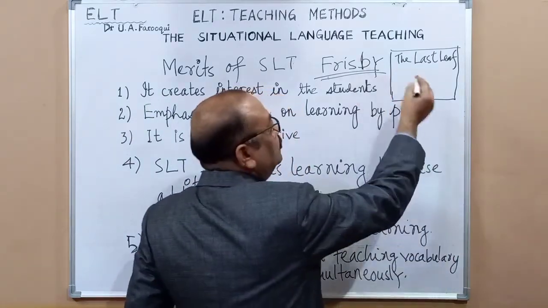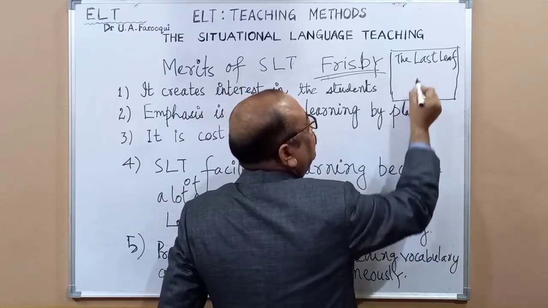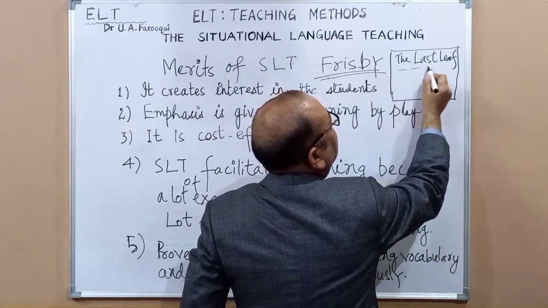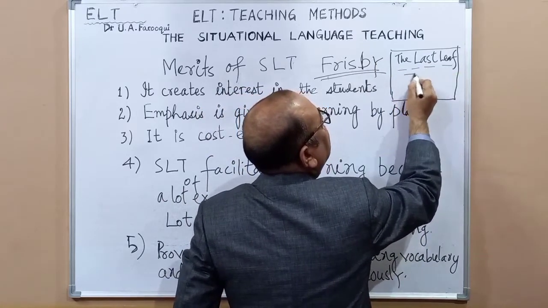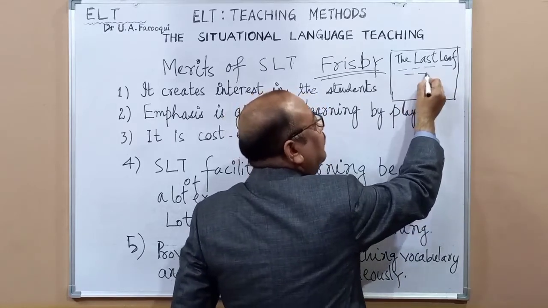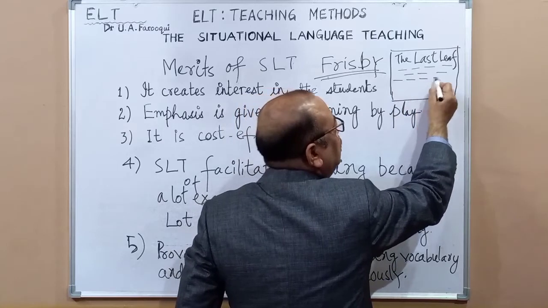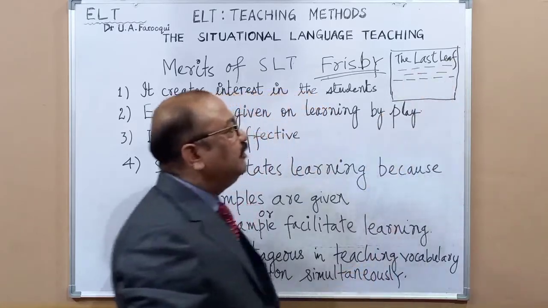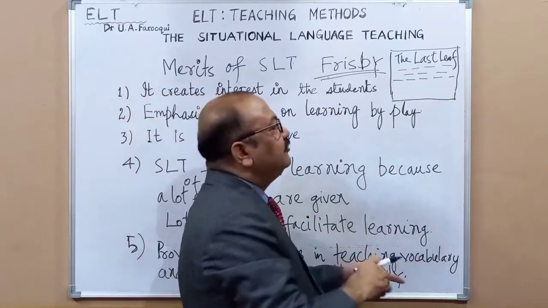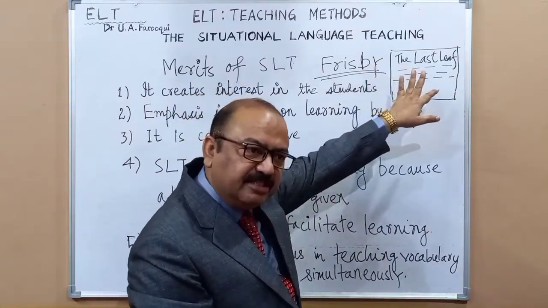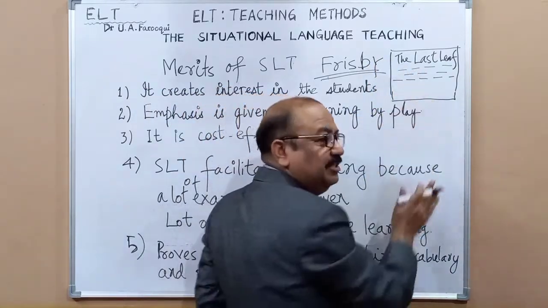So what happens, suppose this is the story. First you will have words which are difficult for the students, otherwise they are not difficult, words which are new for the young students. So first you have say 10 to 15 words in the beginning, then you have the main story.